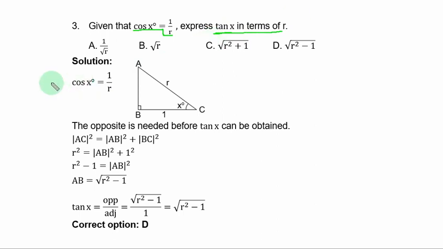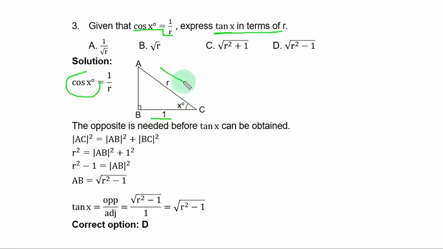From the given information about cosine, you draw a right angle triangle in order to get the side that is needed to evaluate tan s. This angle is the acute angle. This side is opposite, unknown. This is adjacent. You have hypotenuse.